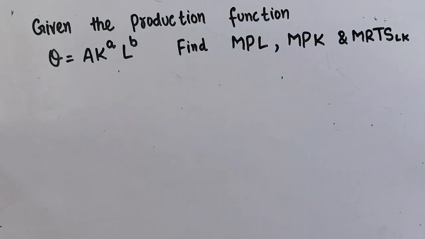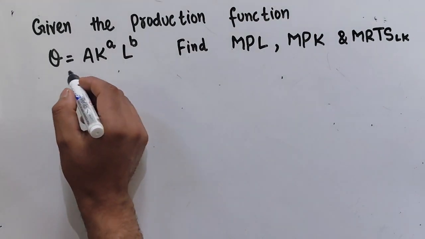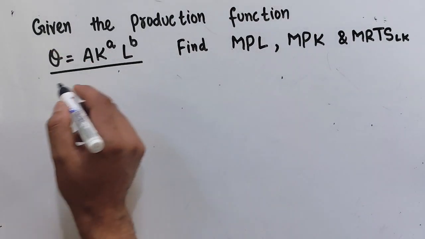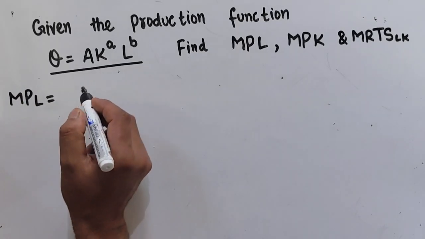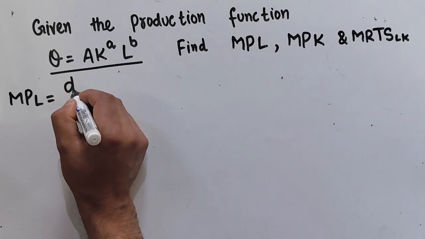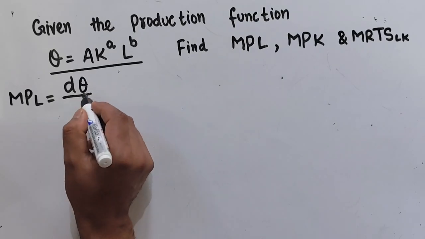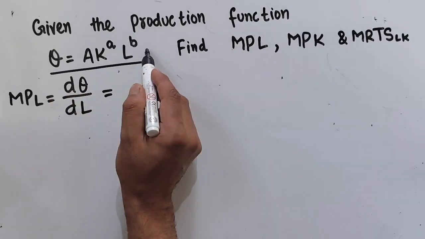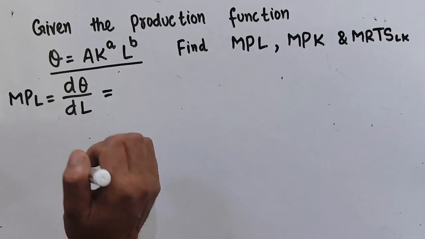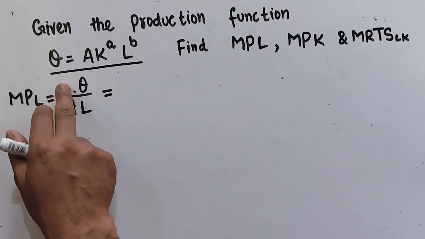Okay, so first things first, given this production function, what will be the marginal product of labor? That will be equal to the change in the output due to the change in the units of labor employed. That is the derivative of this function partially with respect to L. Let me use the partial derivative sign here.